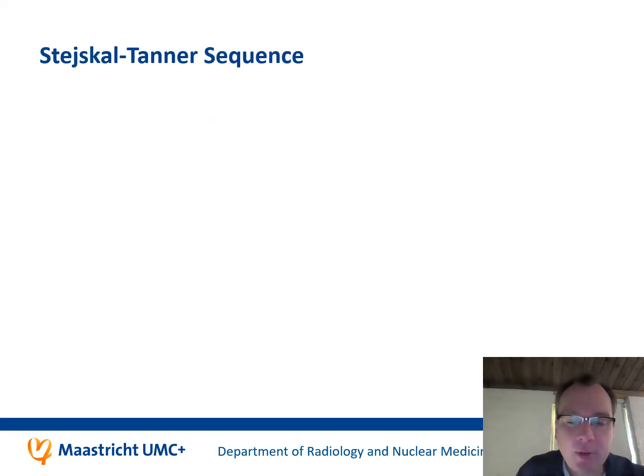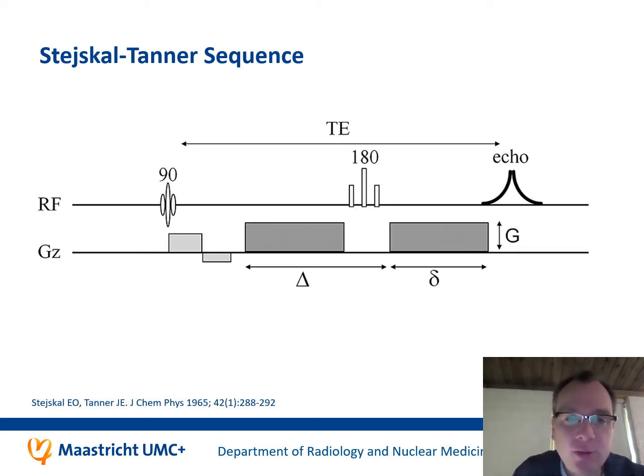So diffusion MRI can be measured using the Stejskal-Tanner Sequence, which was introduced in '65, and it's basically a regular spin echo sequence with a 90-degree and a 180-degree pulse, and some additional gradients that are sensitive to diffusion.